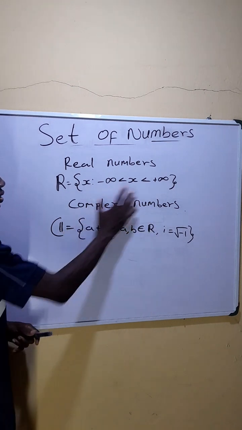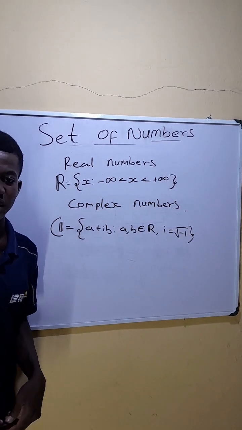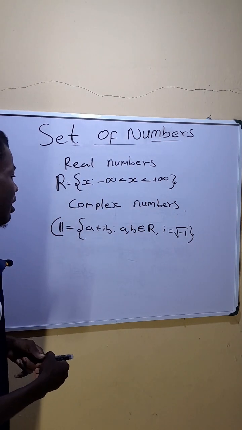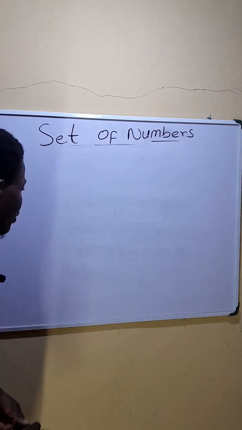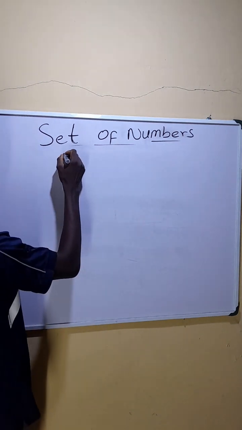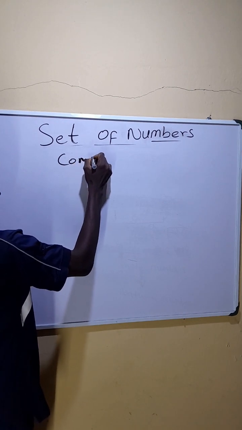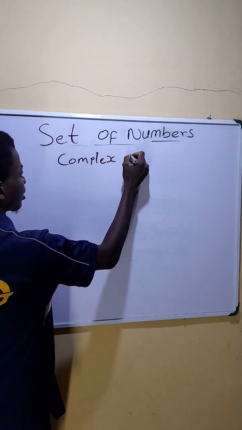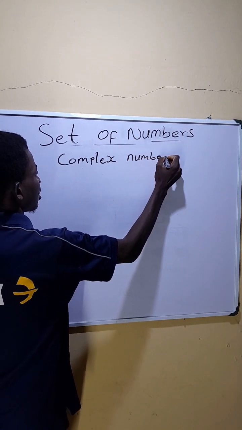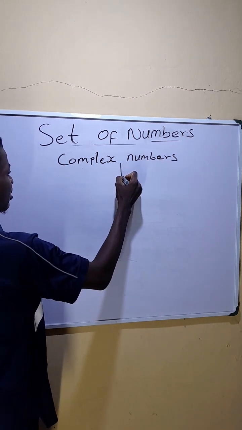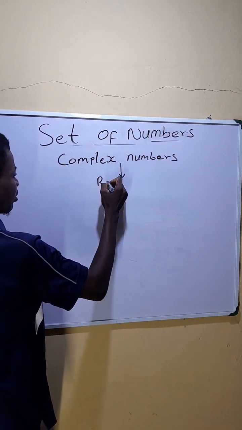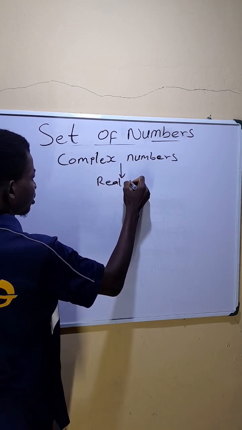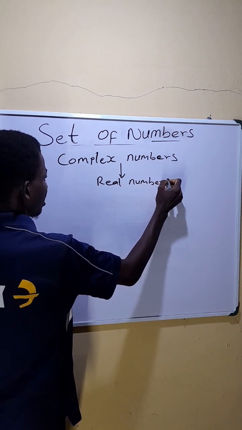We are going to still treat these complex numbers as a topic, but here we are talking about it under set of numbers. So we can draw a full table of set of numbers starting from complex numbers. From this complex number, we have real numbers.